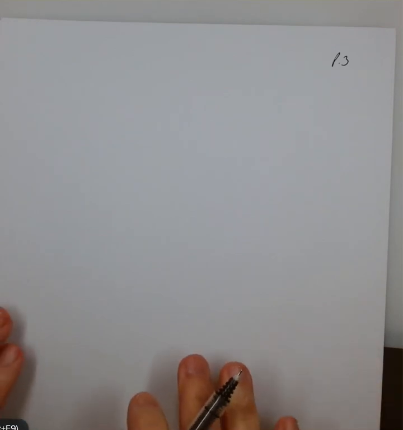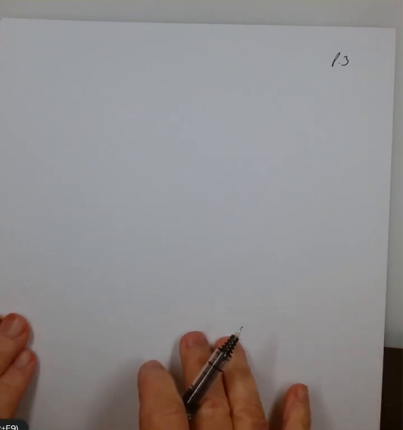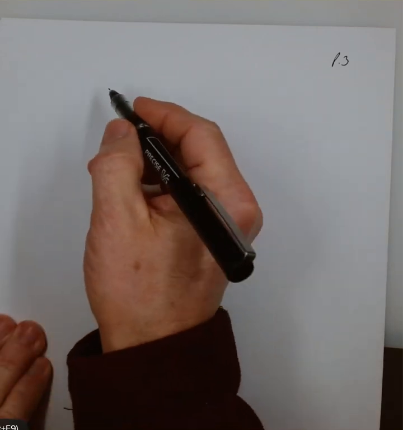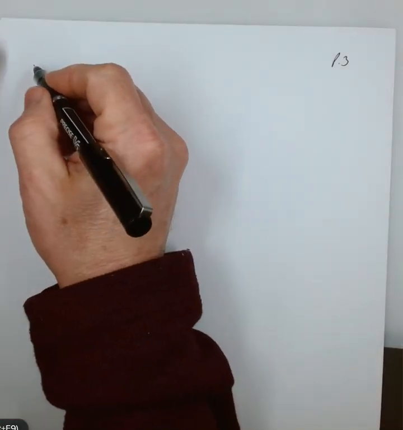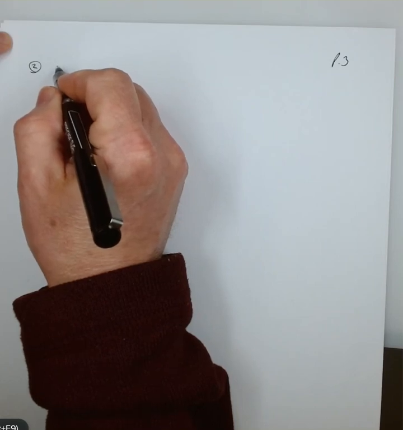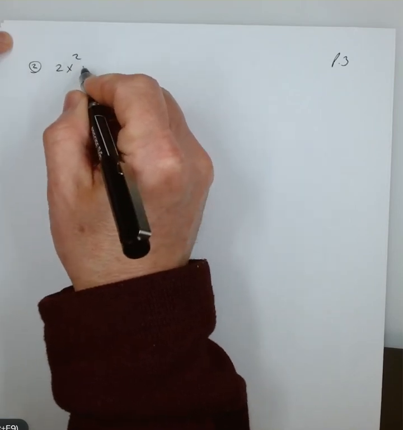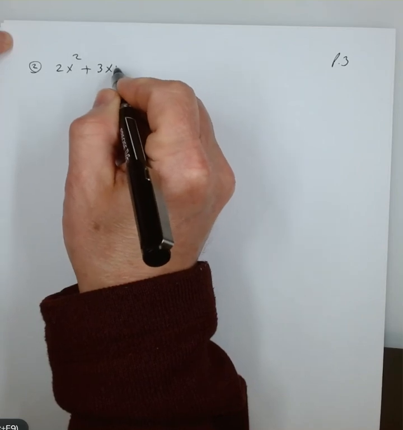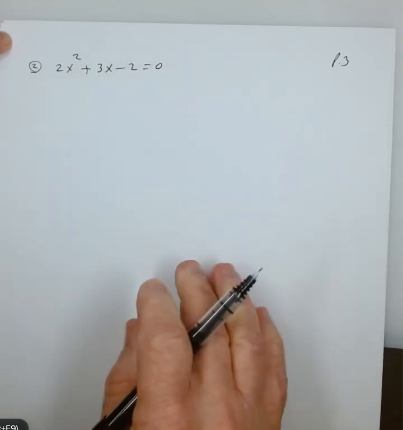All right, so let's suppose we had this: 2x squared plus 3x minus 2 equals 0.